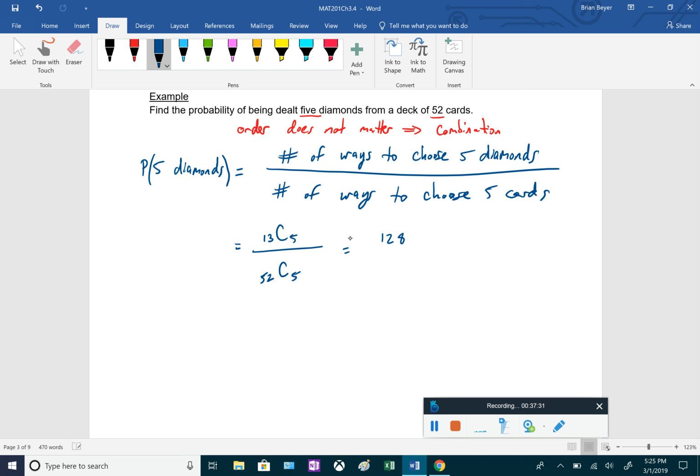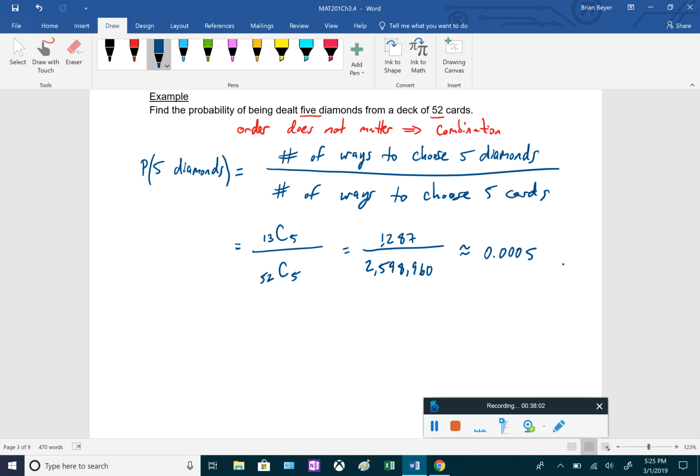You're going to end up with 1,287 divided by 2,598,960. So dividing this, you get about 0.0005. So there's about a 0.05% chance of getting 5 diamonds in a row from a deck of 52 cards.